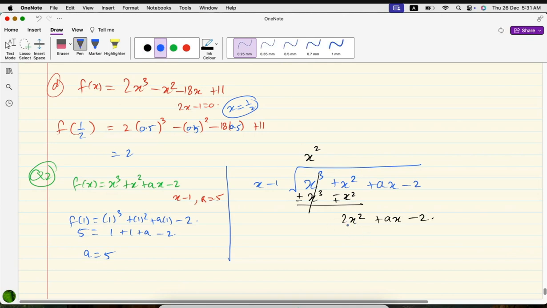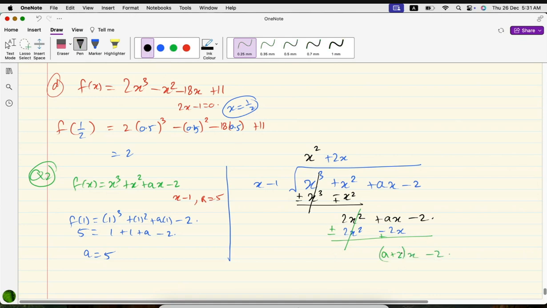Now we multiply with 2x. 2x square and minus 1, this is minus 2x. Minus, minus plus. This cancels out and we are left with a plus 2 x minus 2.